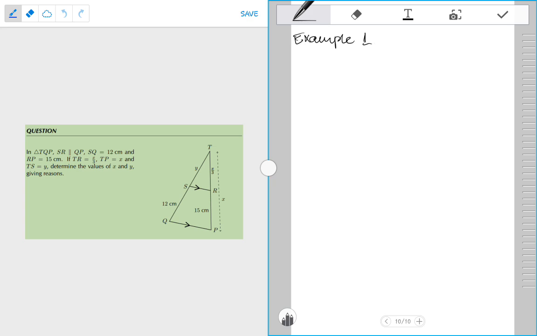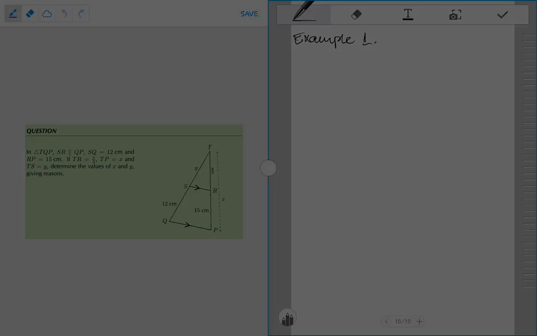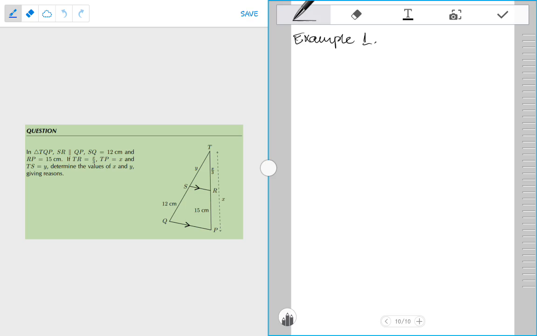I've sent them. Okay, then you are given a question: in triangle TQP, SR is perpendicular to QP, SQ is equals to 12 centimeter, and RP is 15 centimeter.